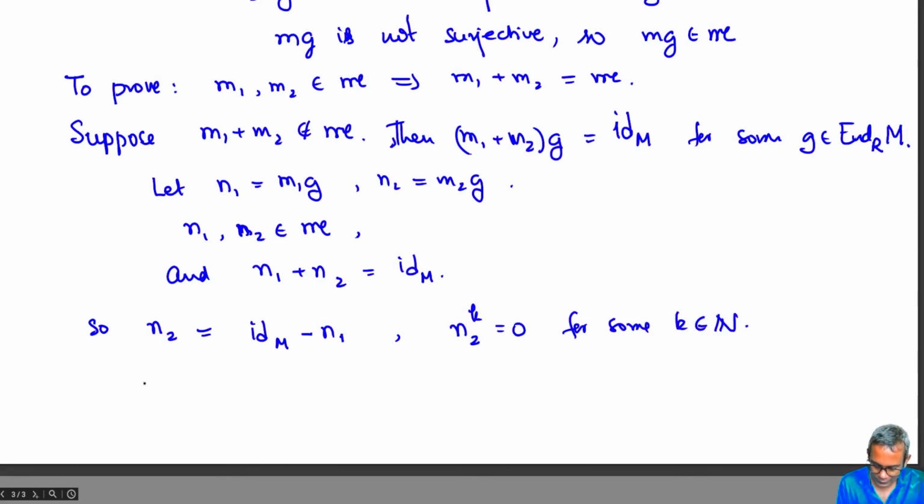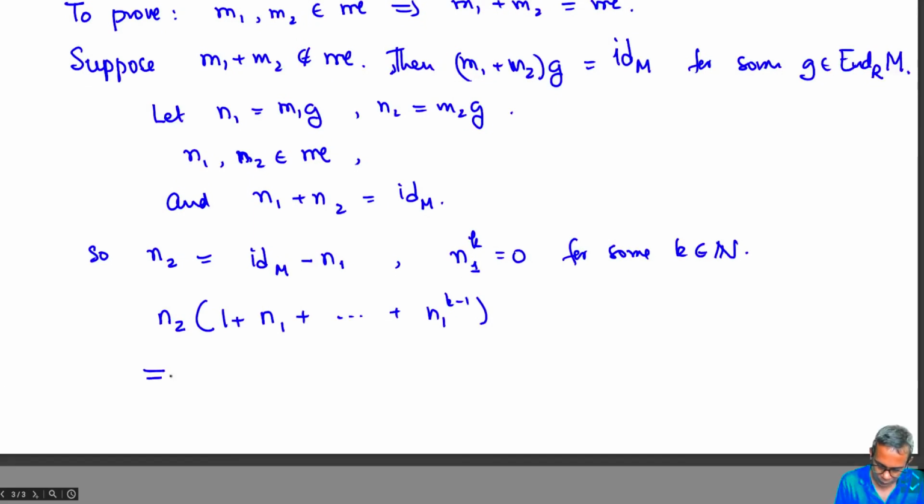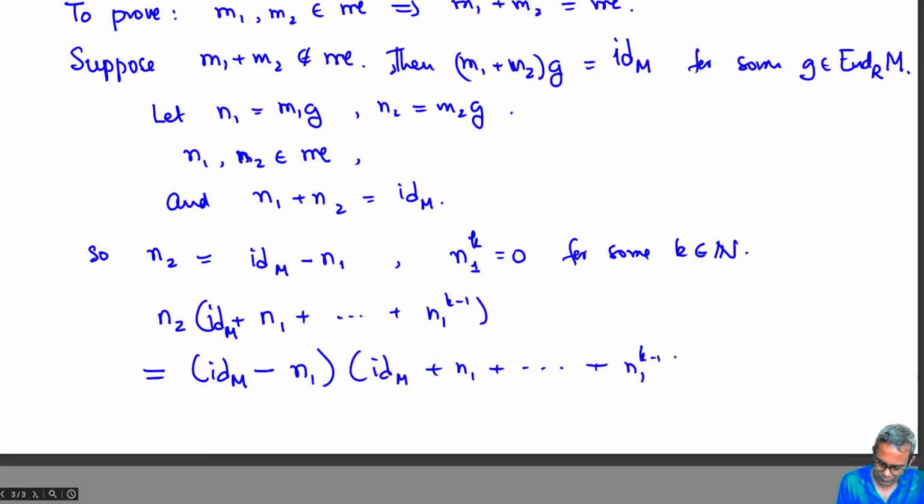Then what we have is that n2 times (1 plus n1 plus ... plus n1 to the power k minus 1), well, that's equal to the identity of M minus n1 times the identity of M plus n1 plus ... plus n1 to the power k minus 1.